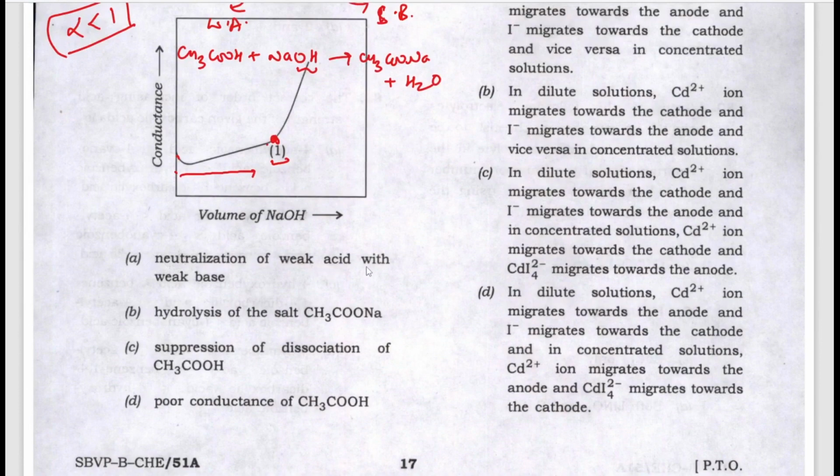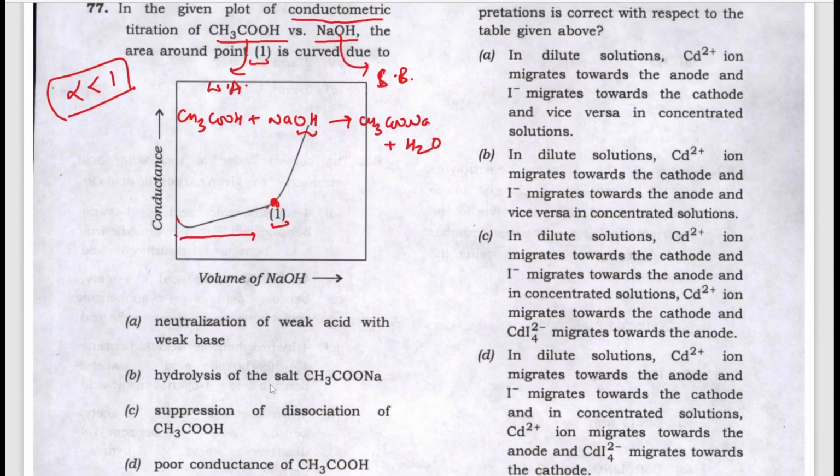So in this question there are four options. One is neutralization of weak acid with weak base. No, this sodium hydroxide is a strong base, so the first option is incorrect. In the second, hydrolysis of the salt sodium acetate. This is the correct option, because we have to choose the correct statement about the area around point 1, which is curved due to. This area is curved because at this point we will get sodium acetate in the hydrolyzed form.